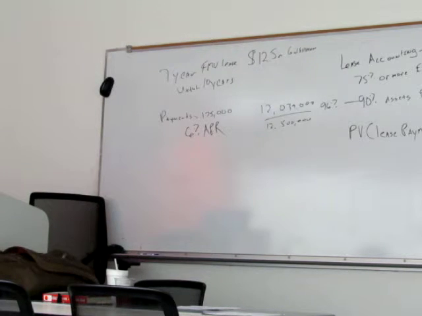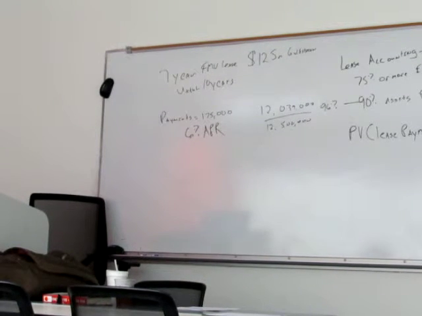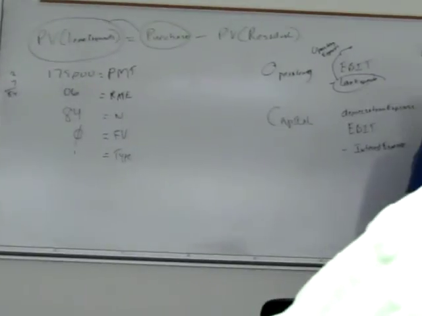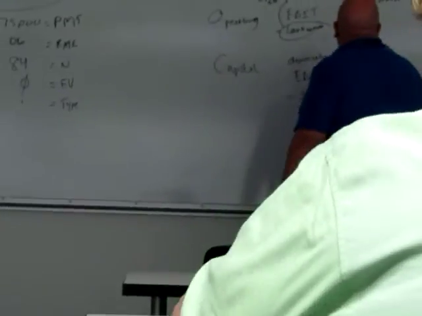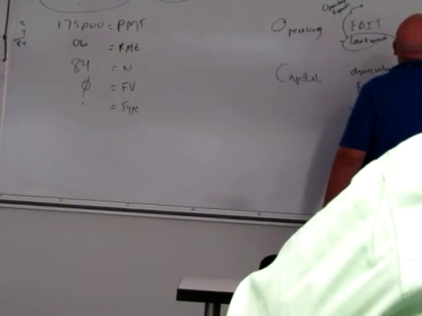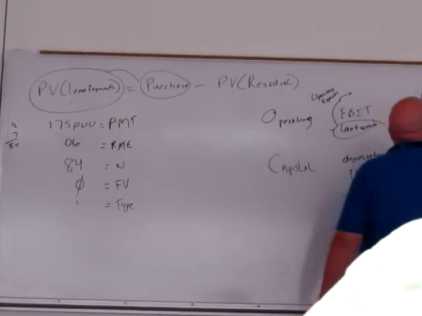So let's assume that my lease expense is, okay, and I have a capital lease. So my, not lease expense, my depreciation expense is 10,000. And my tax rate is 30%.